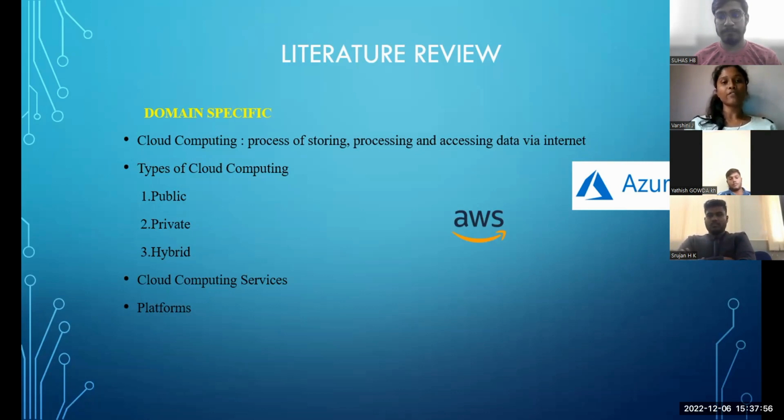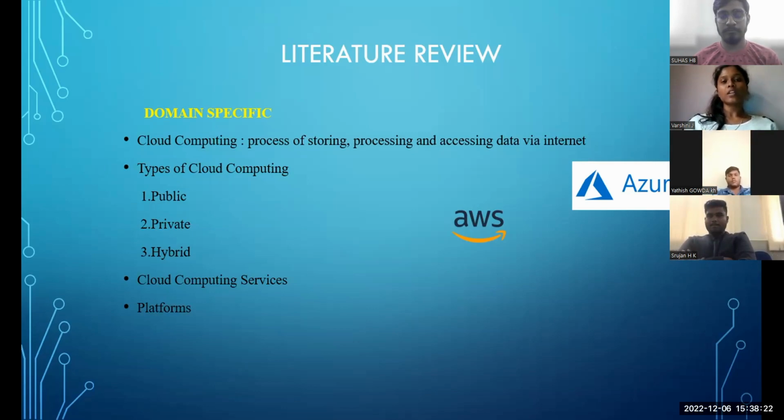Next one is platform as a service. Platform as a service means it provides you the platform. For example, if you want to develop an application, you need an operating system. What you need, you will take care of by yourself. But the storage, security, and networking will all be taken care of by the vendors.